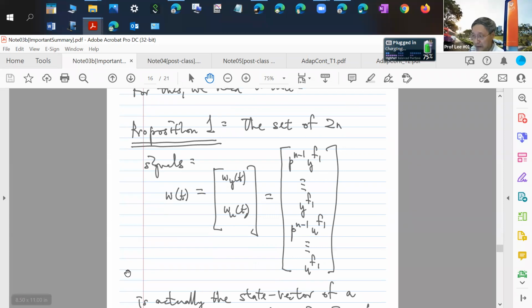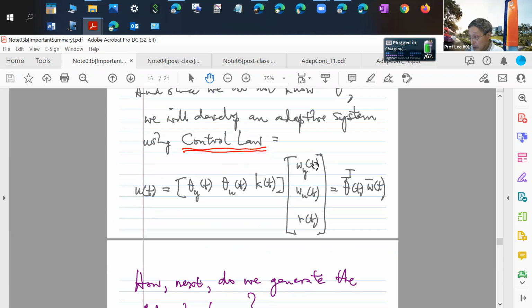The first property to observe, very important, is that these signals that we generate have a very important property. When you compose the 2n signals as a state vector, it turns out that this vector is actually the state vector of a realization of your system to begin with.